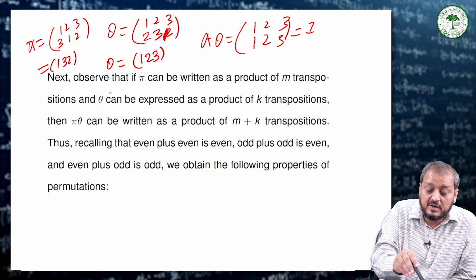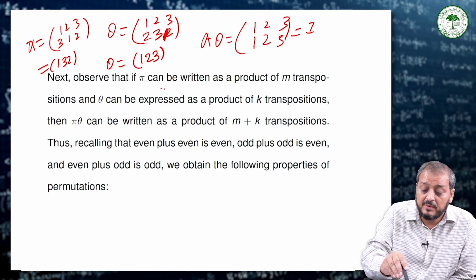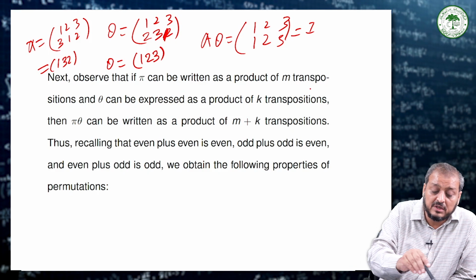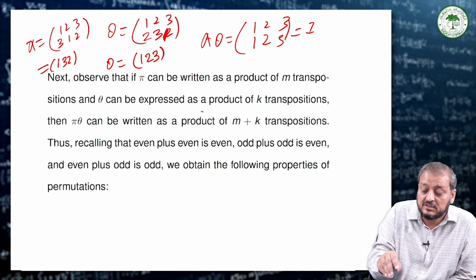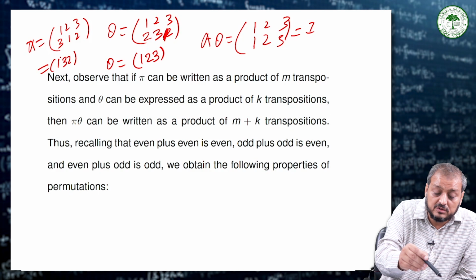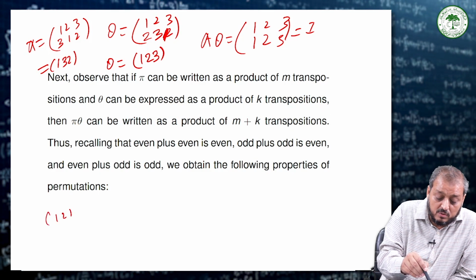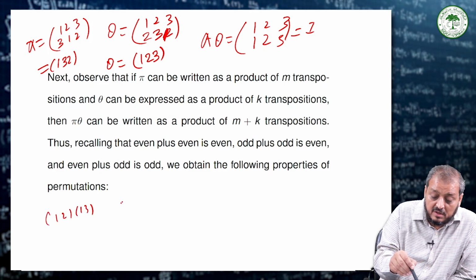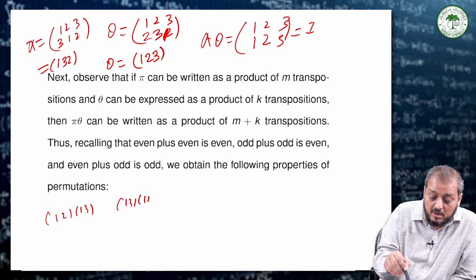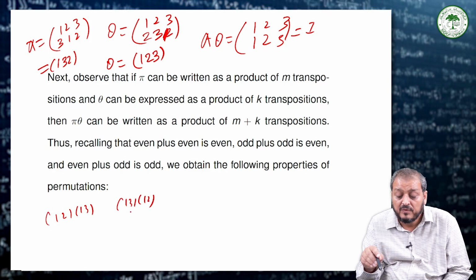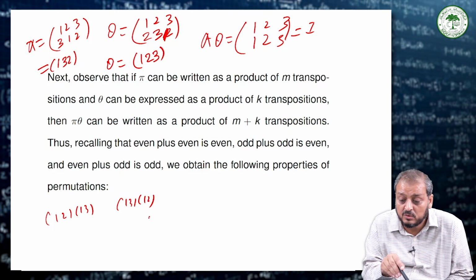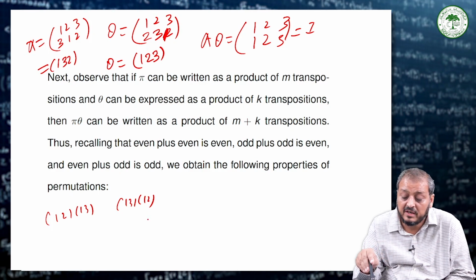Observe that pi can be written as a product of m transpositions, and theta as a product of k transpositions. So this is written as (1 2)(1 3), and this is written as (1 3)(1 2), each a product of 2 transpositions.